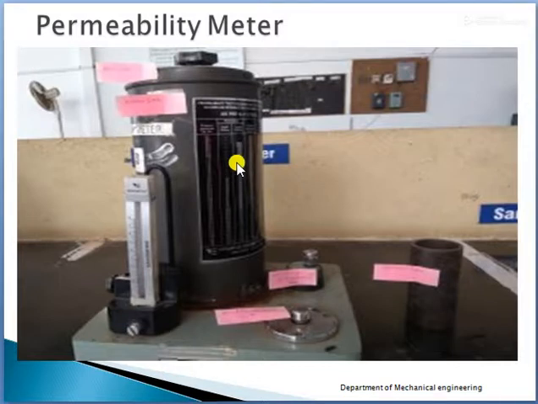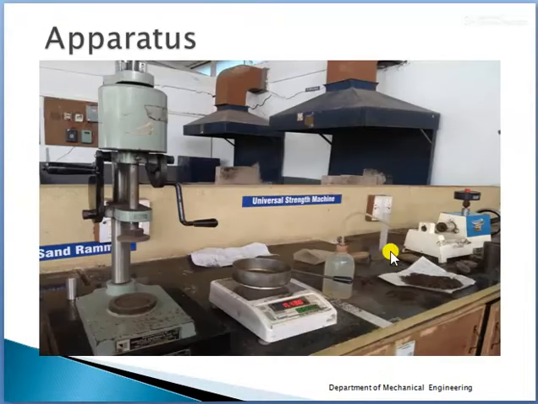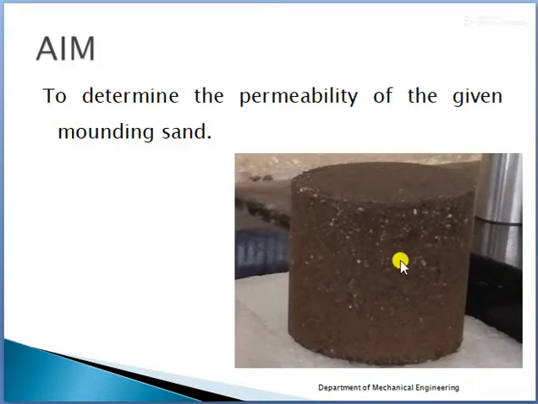It carries an arrangement to allow exit of a controlled amount of air through the sand sample at a definite pressure difference. The corresponding time taken by the air in passing through the same is recorded separately.